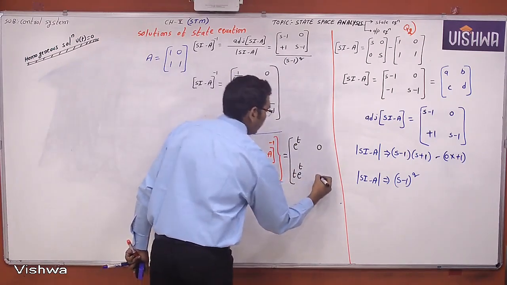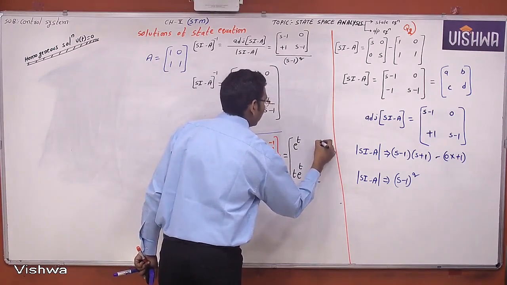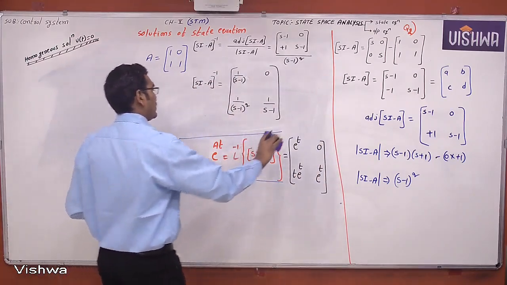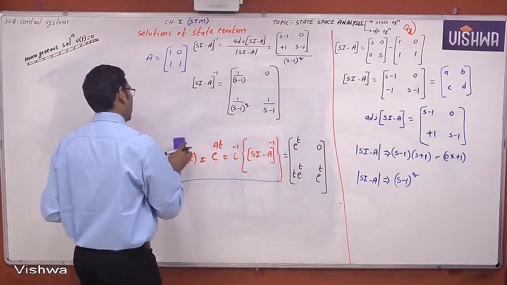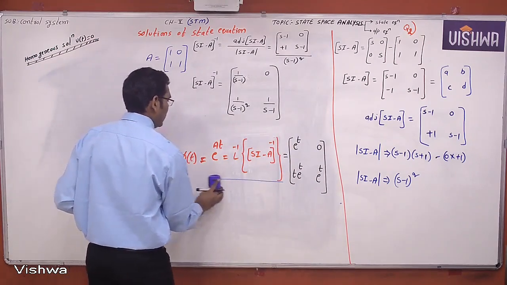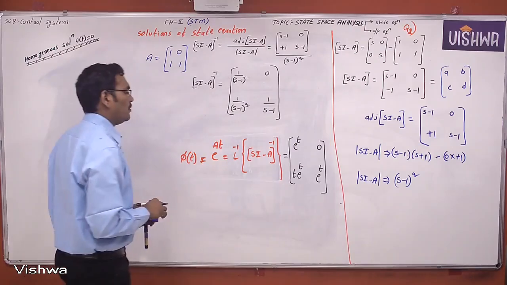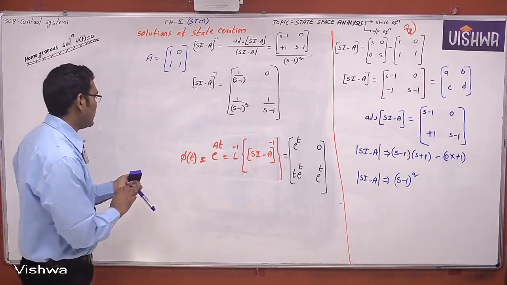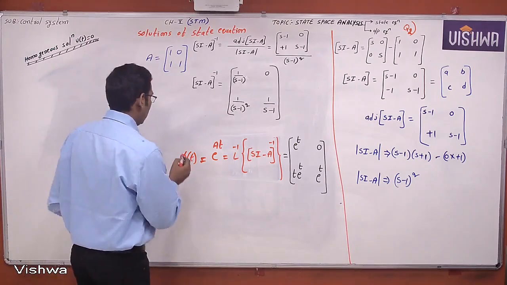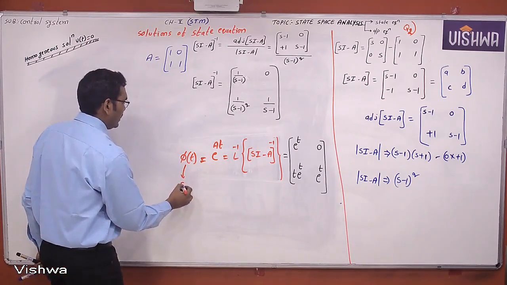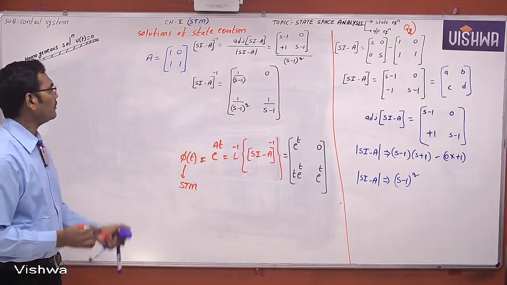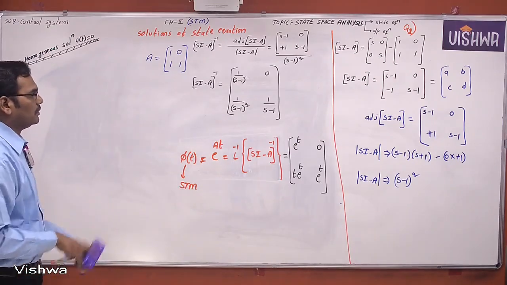Then e power t. Now this is the inverse Laplace transformation of the sI minus A matrix inverse, which is nothing but the state transition matrix. Clear or not?